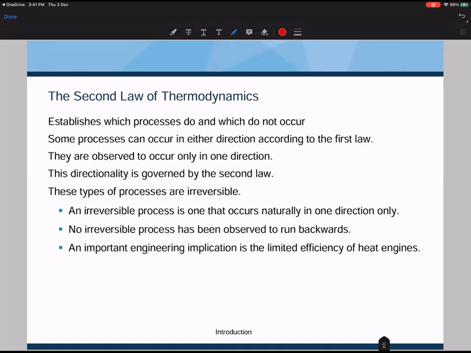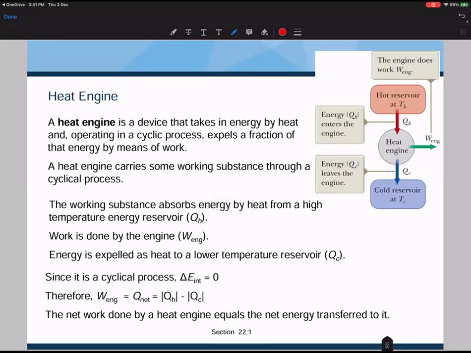Now, before we talk about the case of a heat engine, let us think of why we are studying the second law of thermodynamics, or why we are studying thermodynamics at the beginning. Actually, we have to mention the heat engine.